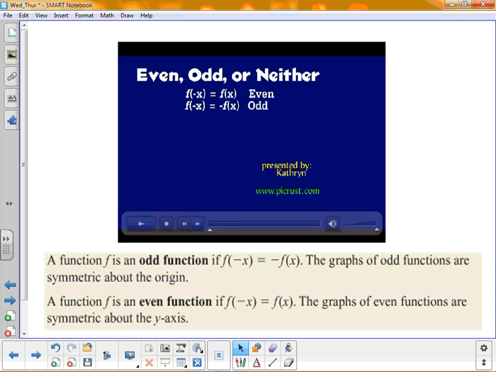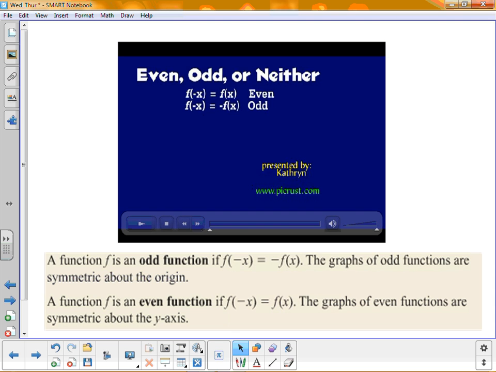Also, you can tell if an equation is even or odd based on what the picture looks like. If the picture is symmetric about the origin, it's the same thing on one side of the origin as on the other. When you rotate it 180 degrees, nothing changes. That thing is said to be odd.